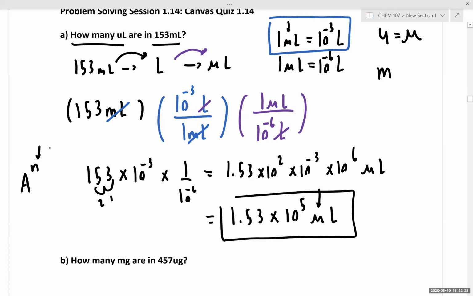In Excel, you'd write it as number times 10, and then you'd enter the upper wedge symbol followed by your power. And in the workbook, I actually have a tutorial on how to enter these numbers into your calculator as well.